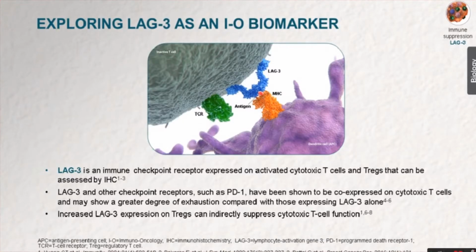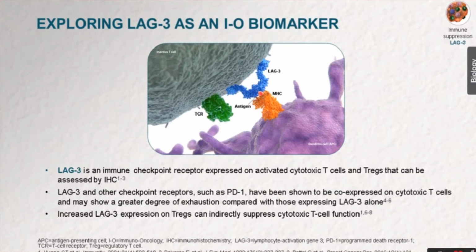So LAG3 is an immuno-oncology biomarker that's under investigation. It's a checkpoint receptor that can be expressed on activated cytotoxic T cells and can be measured using immunohistochemistry. LAG3 and the other checkpoint inhibitors, like PD-L1, are co-expressed, and they may be expressed on exhausted T cells.